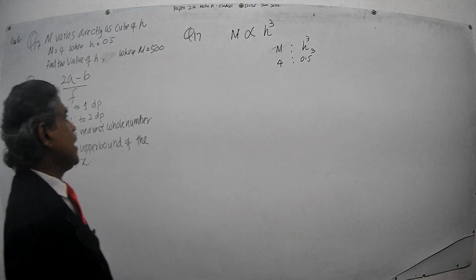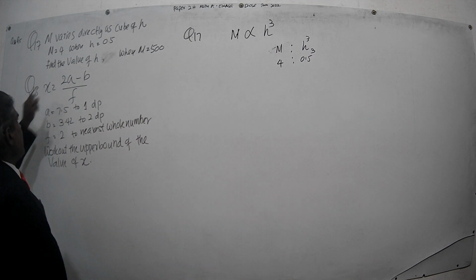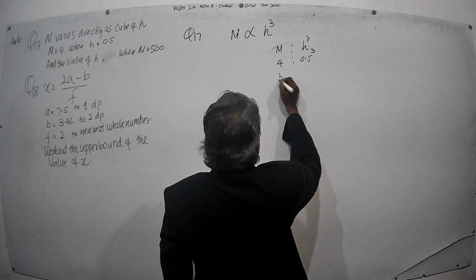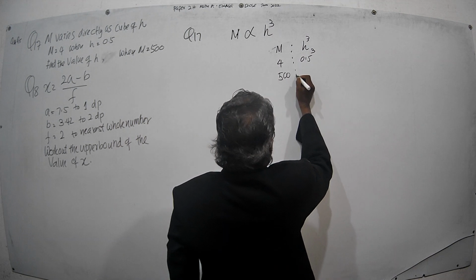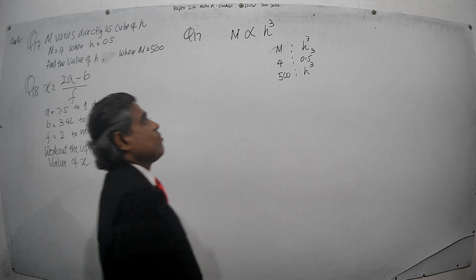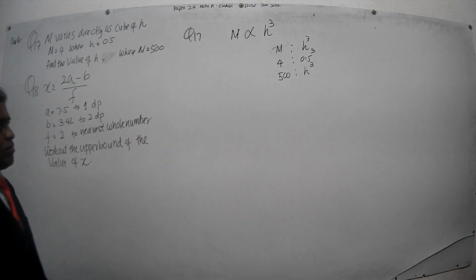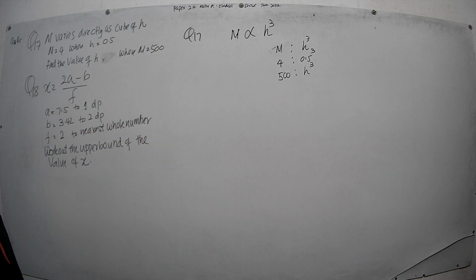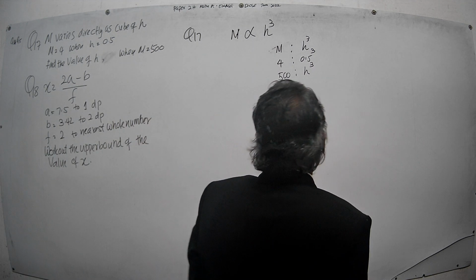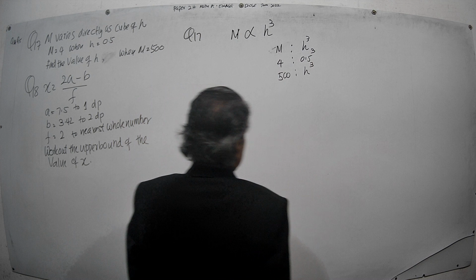Then we want to find the value of h when m is 500. Then m is here 500, and you want to find this one, h cube, and find h. Then you can do this as the direct proportion.